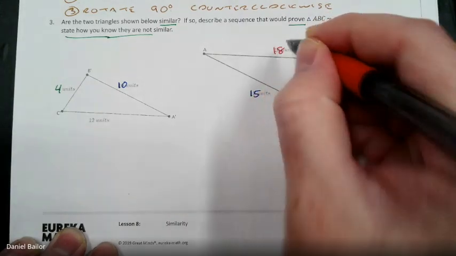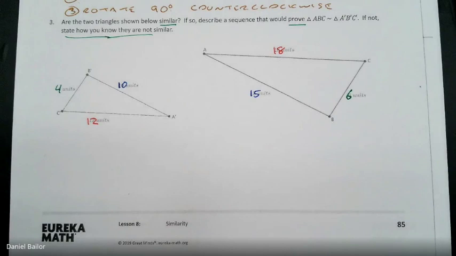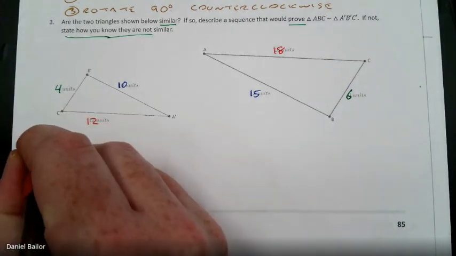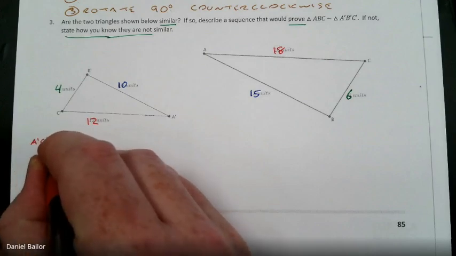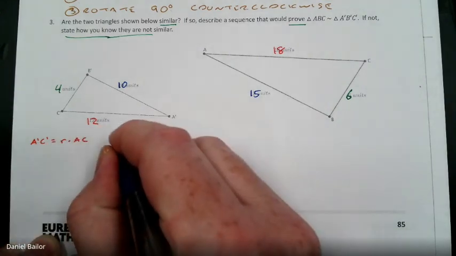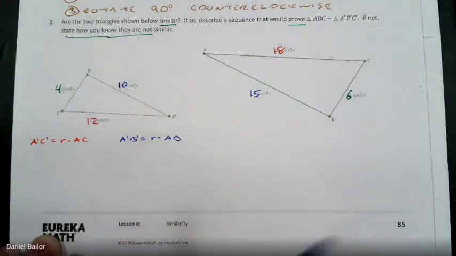AC is 18. A prime C prime is 12. So we need to see if these sides match, and if the same scale factor is used for all of them. So we need to take A prime C prime, AB, A prime B prime, and see if that's true.